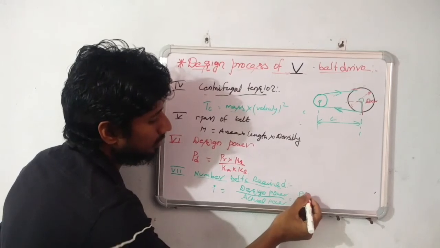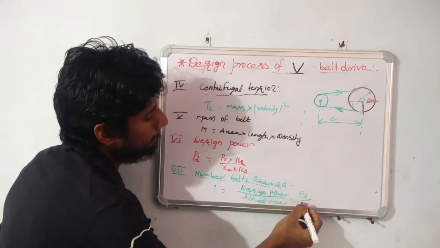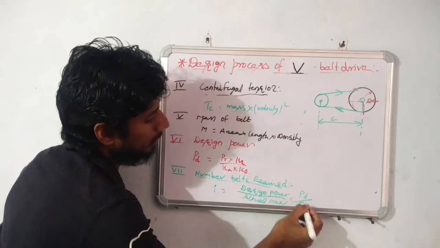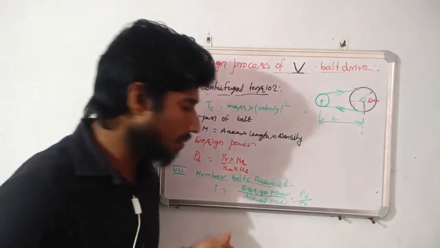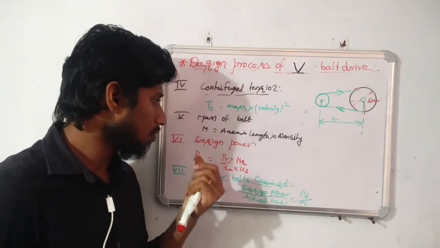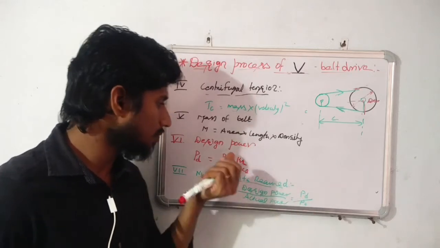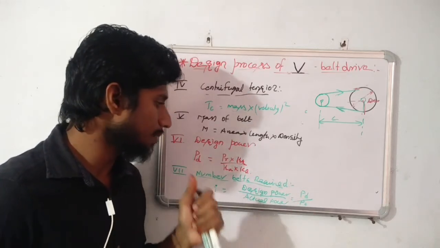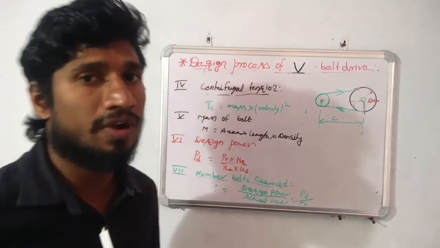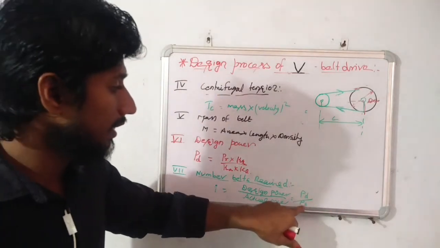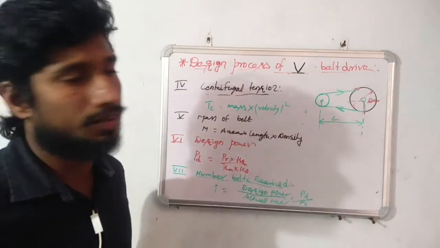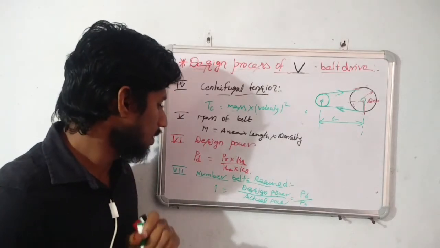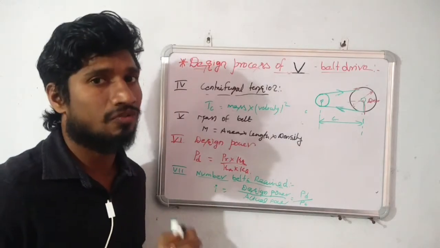So simply it is PD by PS. In the above step we already found the design power, and PS is the required power. It is also found in the second step. So this is about the number of belts required for V-belt.